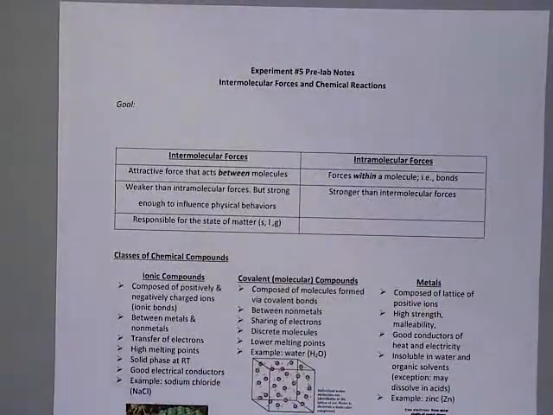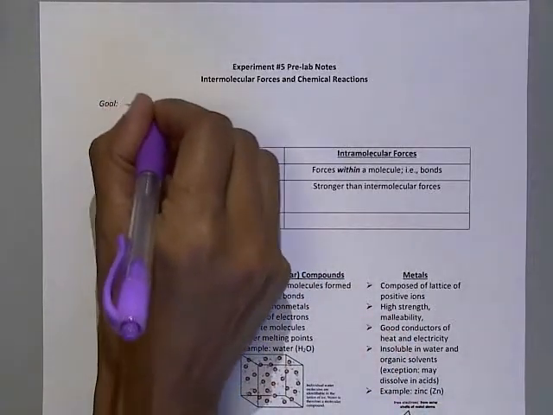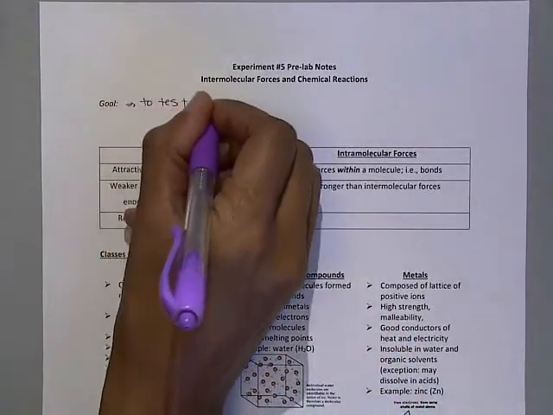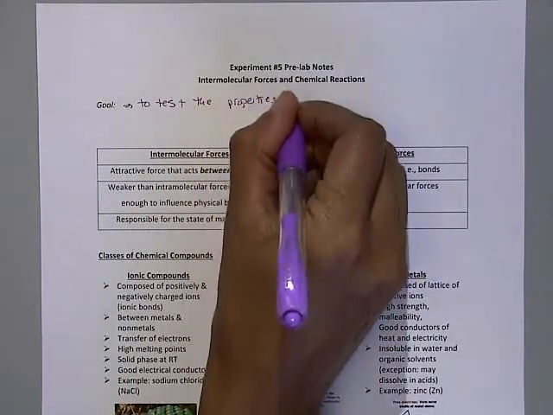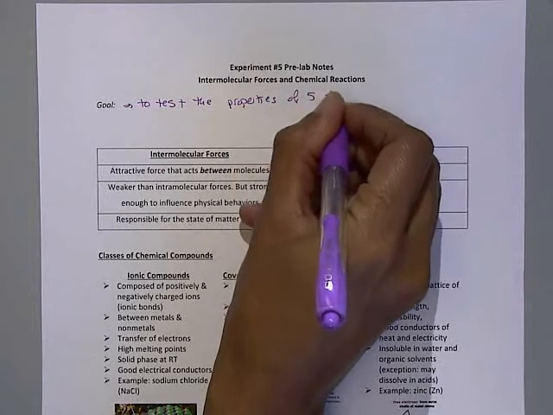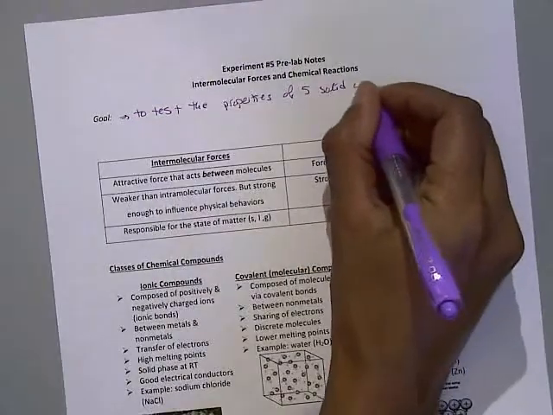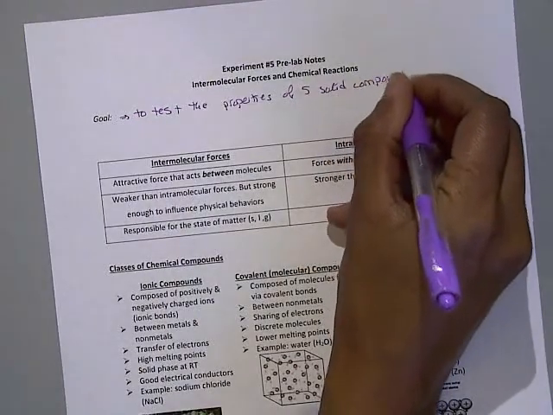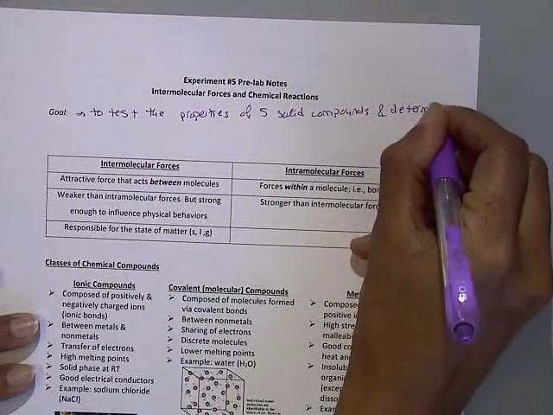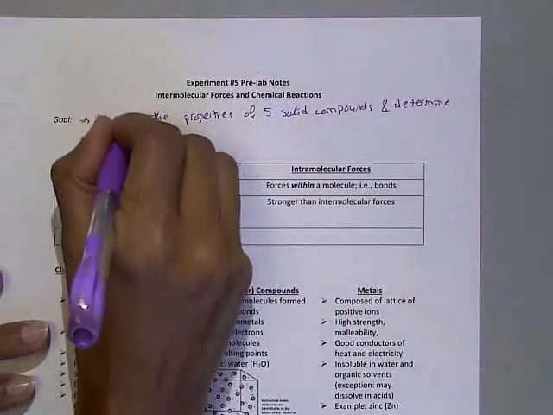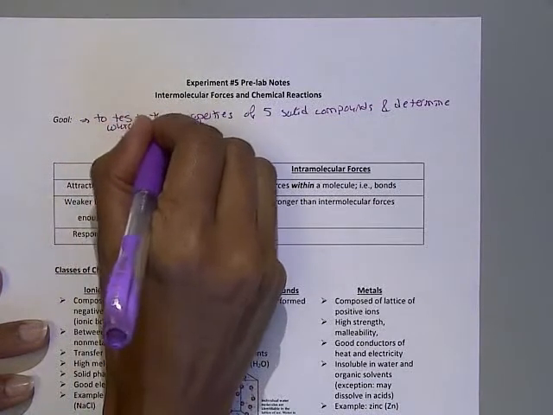Okay, so we have really two main goals for this week's experiment. The first goal is to test the properties of 5 solid compounds that you'll have in lab and determine which class of compounds they belong to.